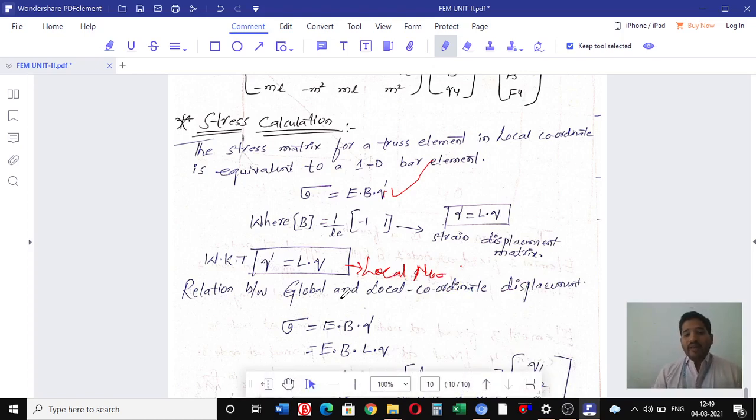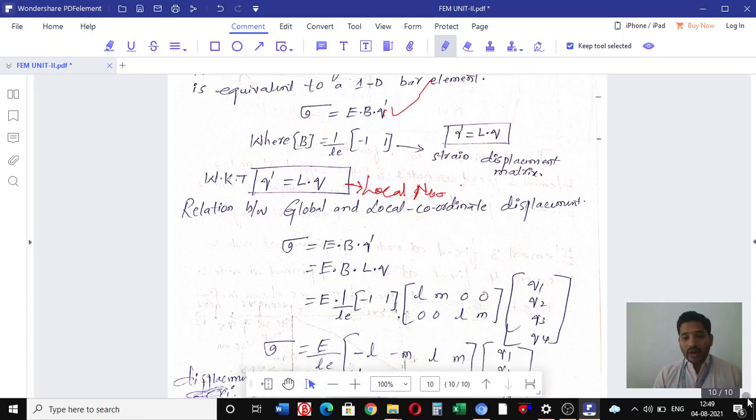After that we need to make the relation between the local and global coordinate systems. Sigma indicates how much maximum stress is acting on each component. Sigma is equal to E into B into Q dash. E indicates the modulus of elasticity, or Young's modulus. Is it right?